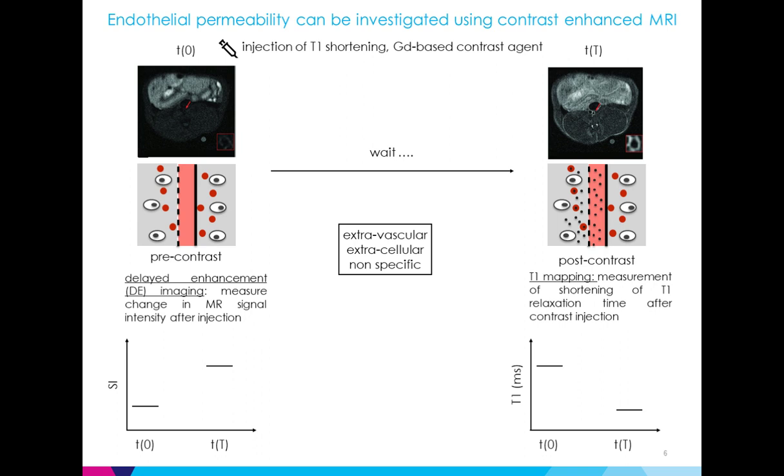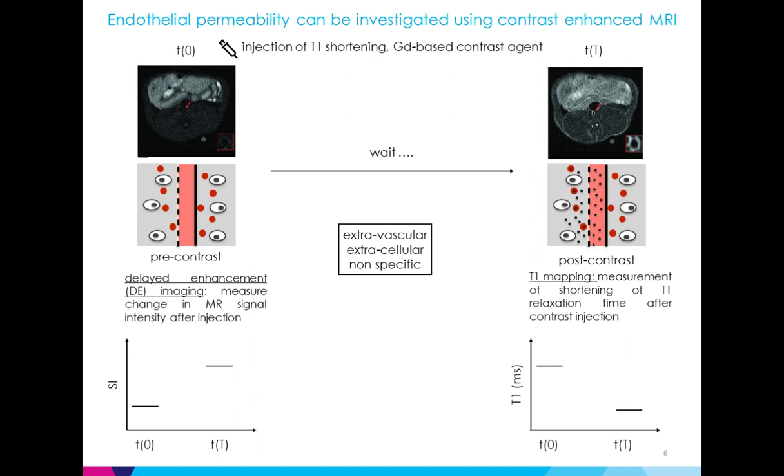So as I mentioned, we would like to develop quantitative measures of these histological correlates that would allow us to identify and characterize vulnerable high-risk atherosclerotic plaques in vivo and non-invasively in patients.